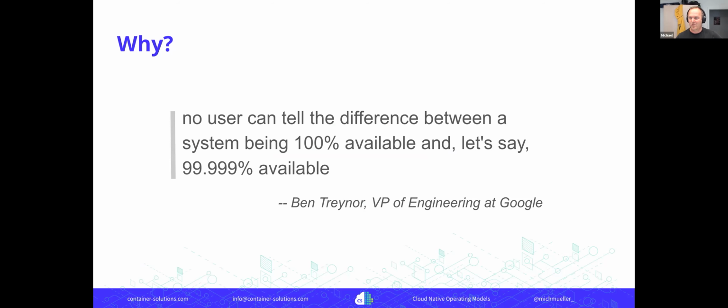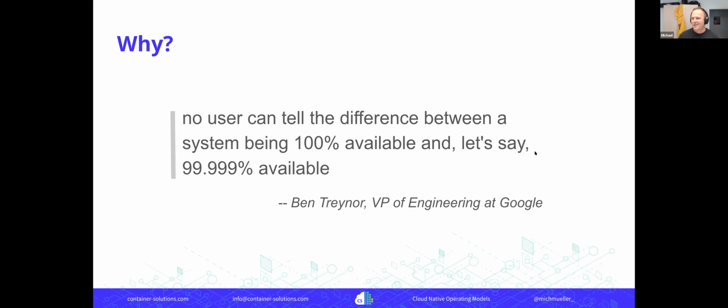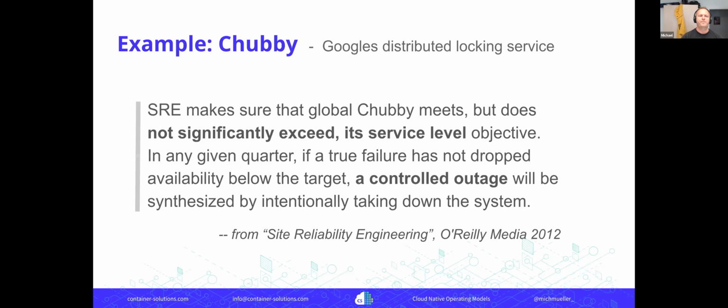They can't differentiate between 5 9s and 3 9s, or 2 9s and a 5 or something like this. So you should be realistic. If you only want to publish news, well, maybe even 98 is fine because there are costs involved in this.